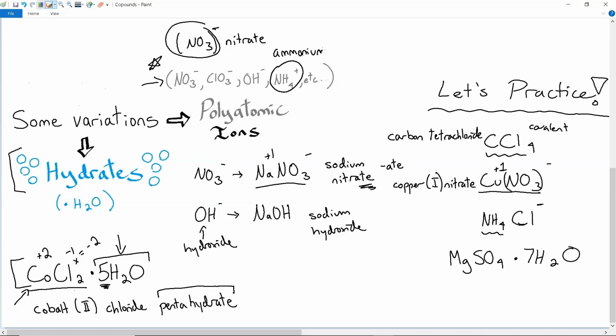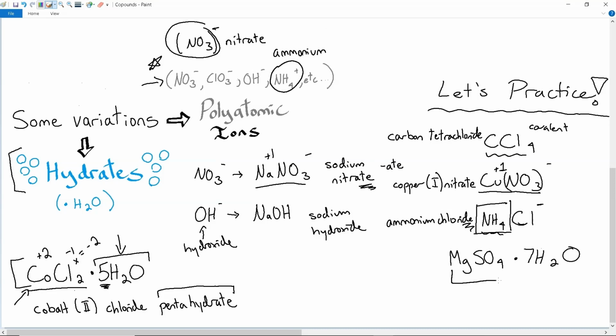It's called ammonium, and it's actually got a positive charge on it. Therefore, it can act as kind of the metal in an ionic compound. But naming conventions stay the same. This is ammonium chloride. Just writing the names down with an "ide" ending on our nonmetal.